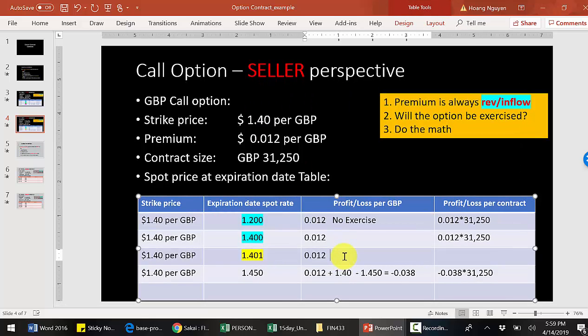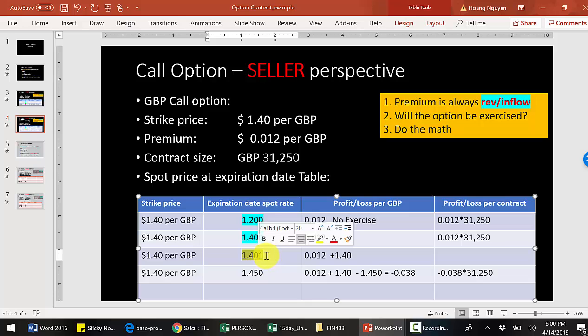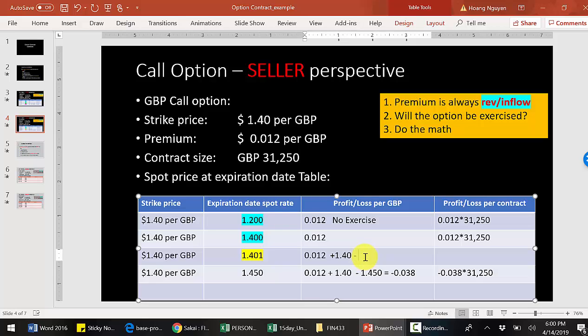So 1.4 will be the cash inflow, and the seller has to buy the pound from the market, which is 1.401. So this will be the cost. Now summing all those numbers up, you will find the profit or loss.